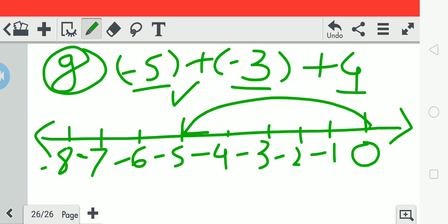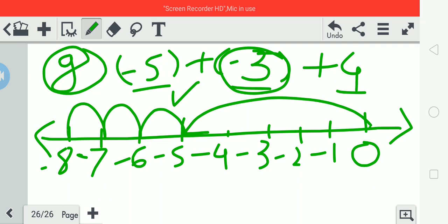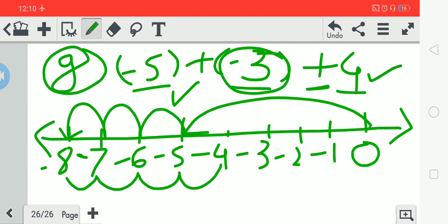Now second number is minus 3, so take a jump 3 times left move, 1 2 3. Now third number is plus 4, plus means right side 4 moves, so 1 2 3 4. So you will reach at the minus 4 position. So answer of this question is minus 4.